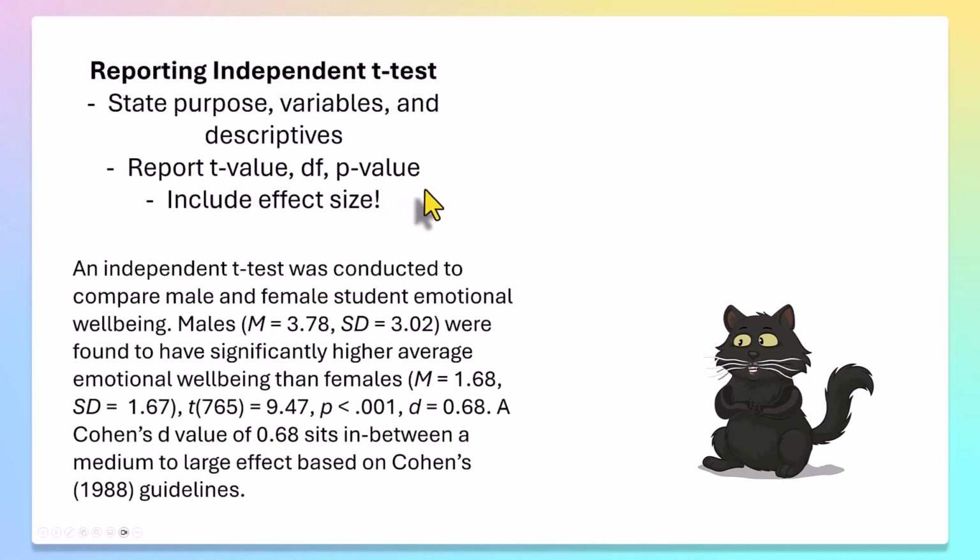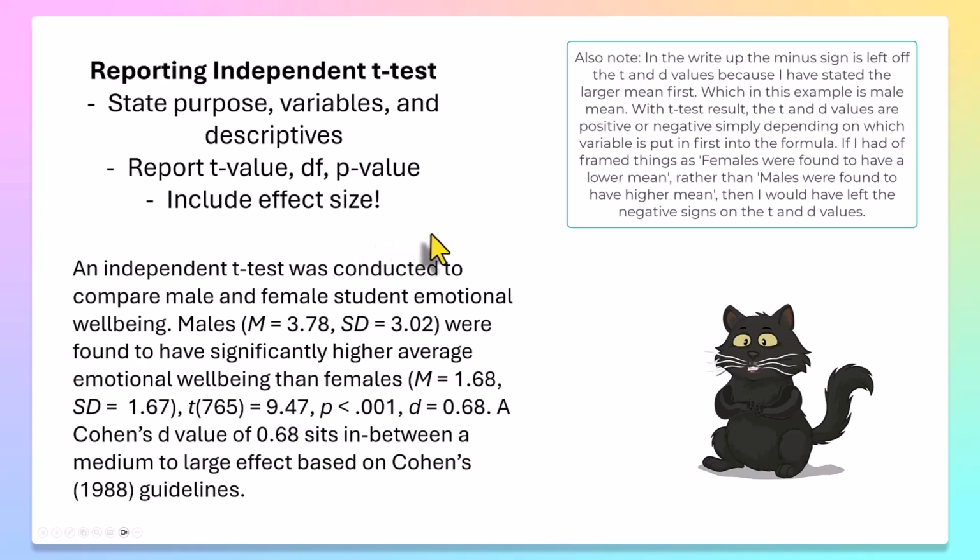So to write up our result, based on what I mentioned we want to talk about at the start of this video, now that you've gone through your output and you've got all the info, you can write it up. And I've got an example of that on the slide here. Note that how I've written it up corresponds to these three bullet points.